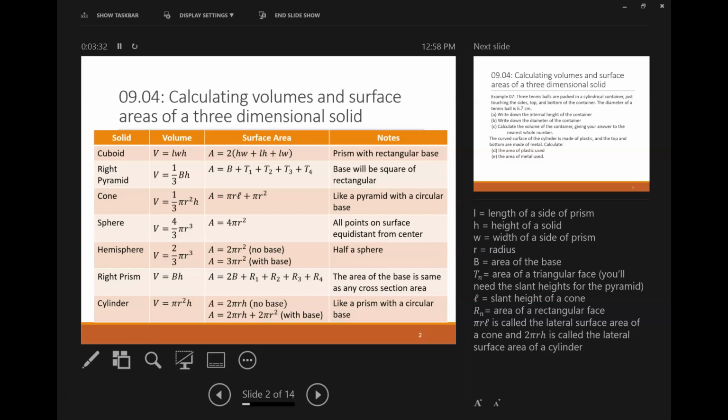But if it's like one of those things in the workout room that is half of a ball and has a bottom to it, the surface area would be 3 pi r squared. So that's what I mean by no base and with base. Does that make sense? You have to think a little bit about the context of the question, if it's a story problem. Is there a bottom to this thing or not?